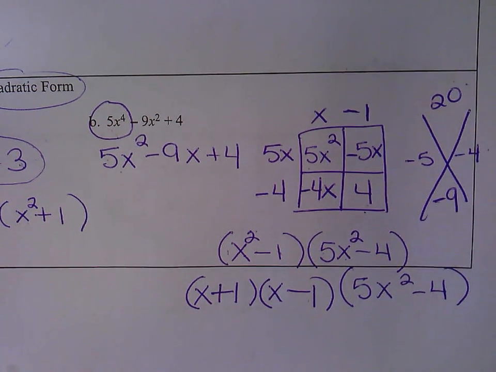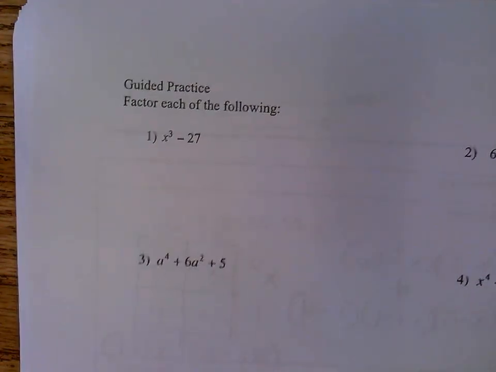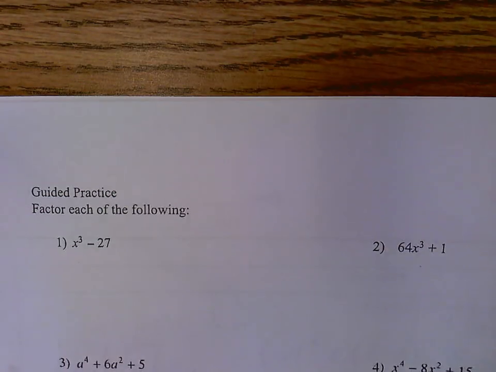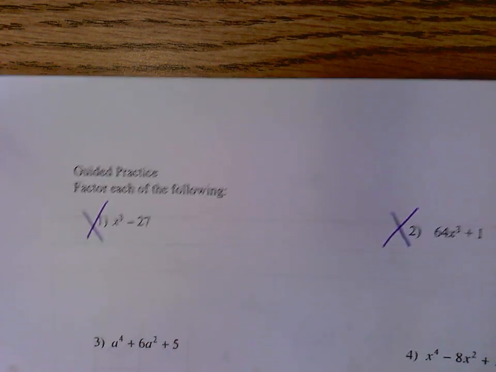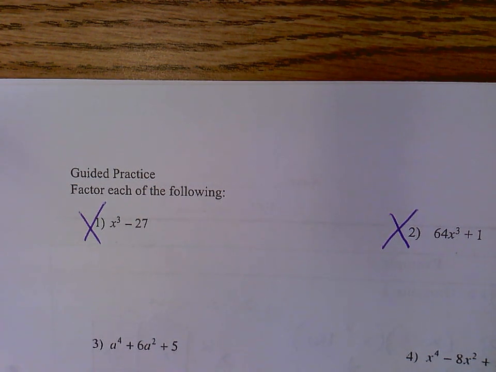All right, so quadratic form and grouping. So let's go to the next page. Could you, for now, cross off number 1 and 2, but the rest are grouping or quadratic form.